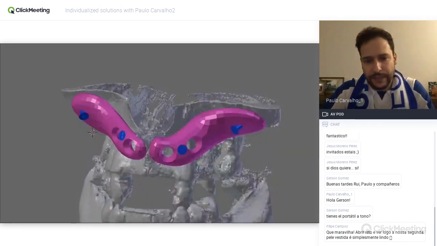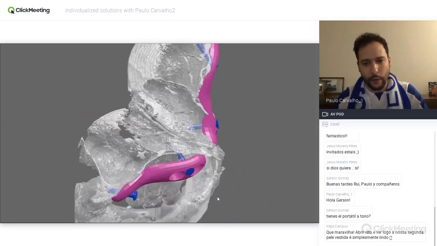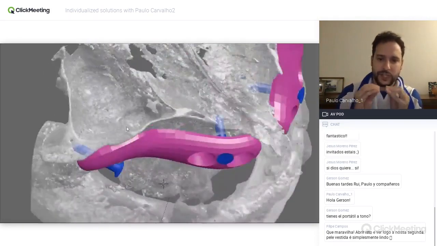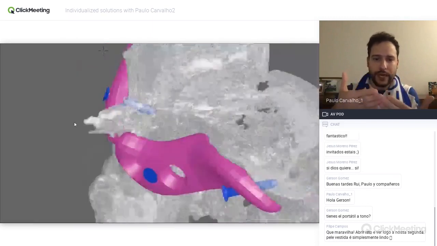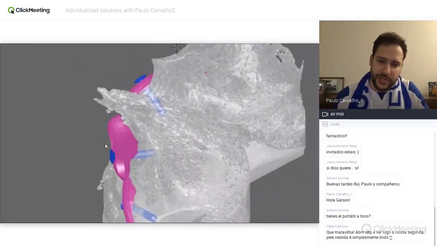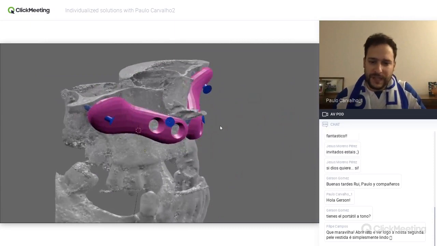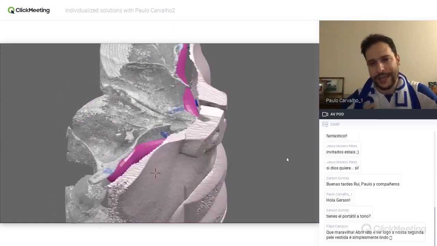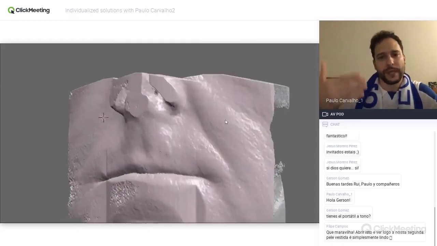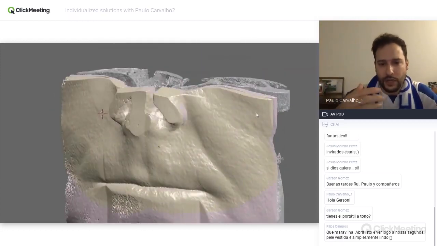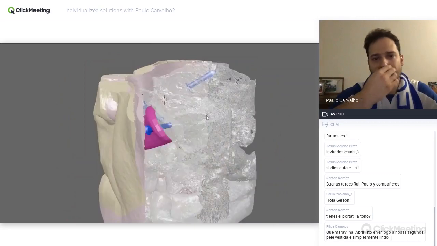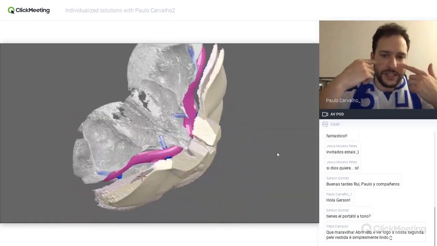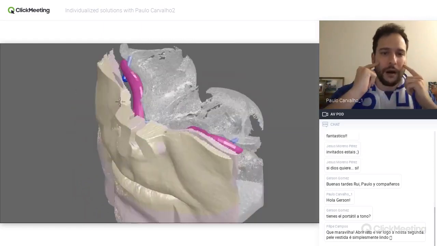So what I planned once again with Rui was, okay, Rui, please design me a device specifically for this patient that can bring more lip support. So that my prosthesis will not be responsible for giving the lip support, and so I can have the prosthesis more to the palatal, and this device is going to produce the volume for the upper lip, and also for the cheeks, because it's going to include the zygomatic arch.